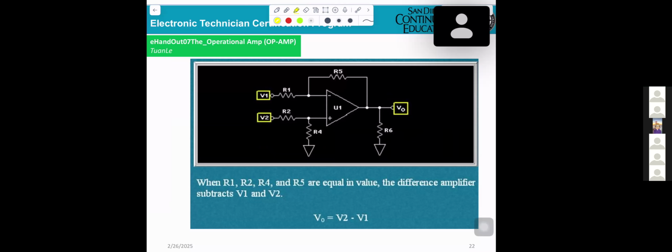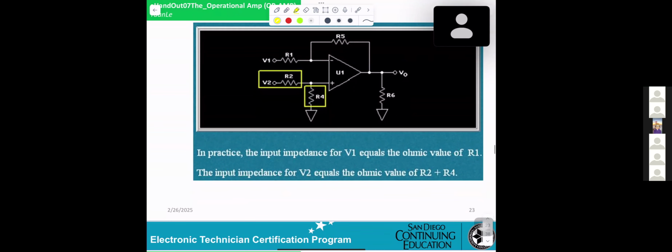When R1, R2, R4, R5 are equal, the differential amplifier subtracts V1 and V2, so Vout equals V2 minus V1. That's just the formula.